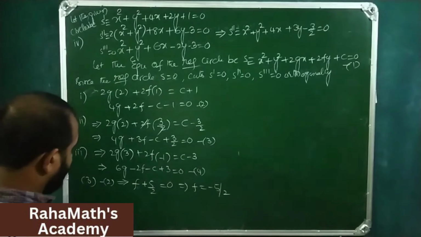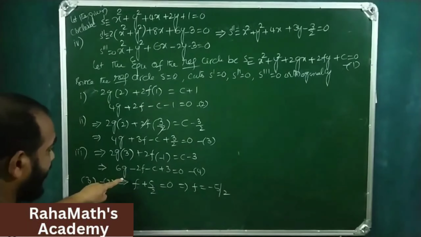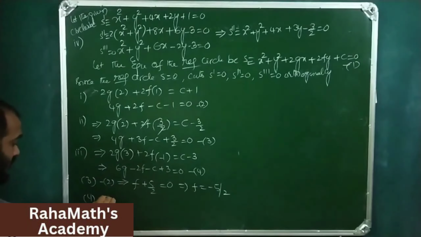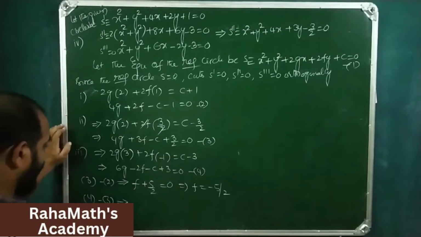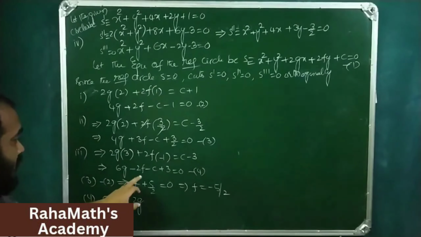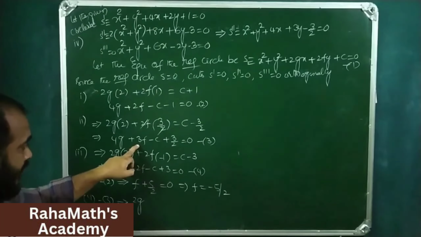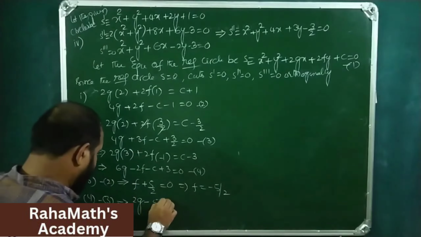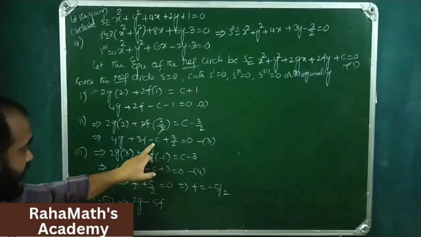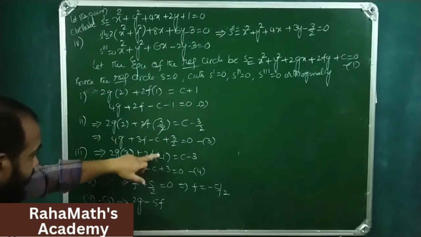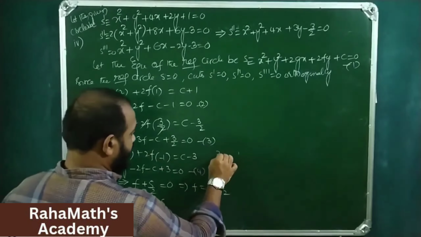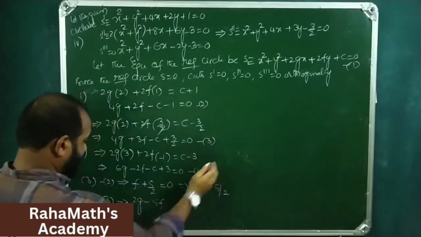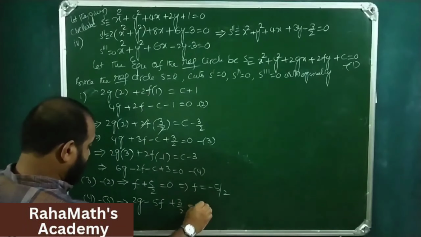Okay, next let us try to subtract 4 minus 3. 6g minus 4g is 2g. Minus 2f minus 3f is minus 5f. Minus c plus c gets cancelled. This is 3 minus 3 by 2, 2 3s are 6 minus 3, so plus 3 by 2 is equals to 0.